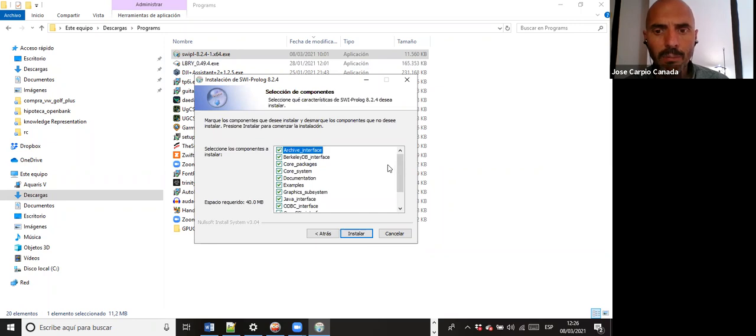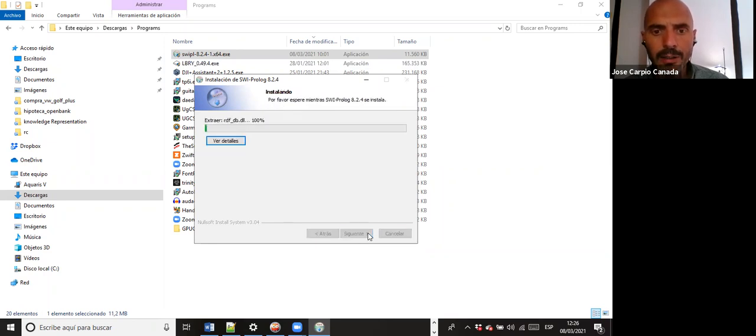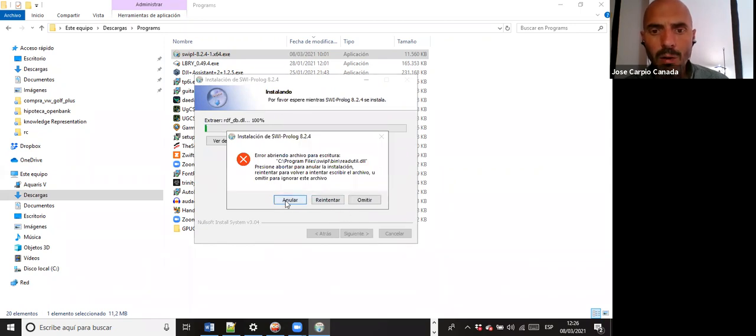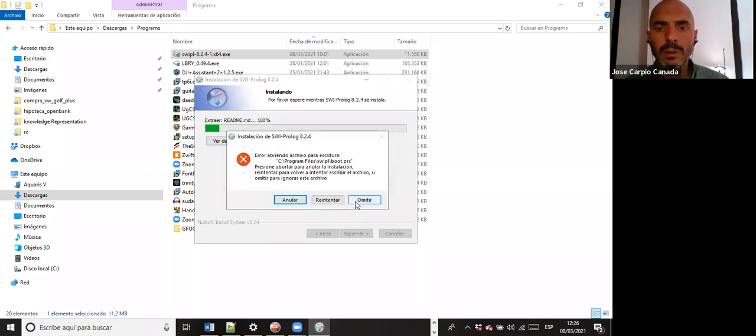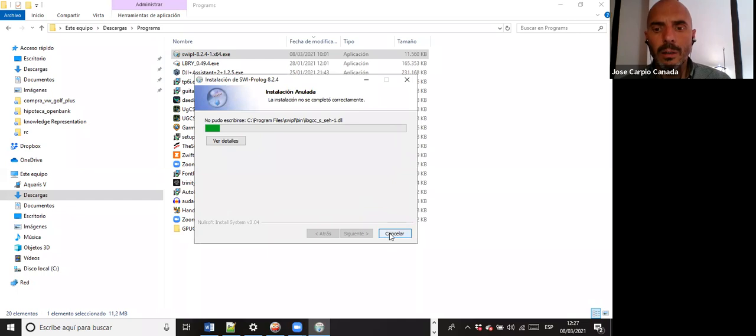Next, these are the components. You can leave everything and install. Now it's not working because I have this already installed, so I'm going to skip. In your case, you will install without problem. I have some problem because I have to uninstall before.